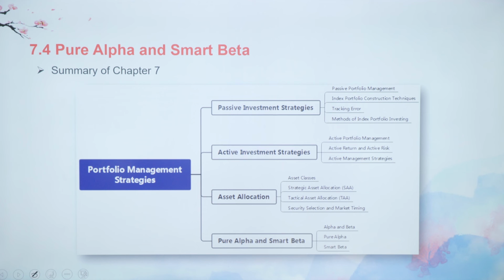Now let's summarize chapter 7. For this chapter, we talk about portfolio management strategy. First, we introduce the passive investment strategy. We introduce what passive portfolio management is and the 3 different techniques for index portfolio construction: full replication, sampling, and quadratic optimization.